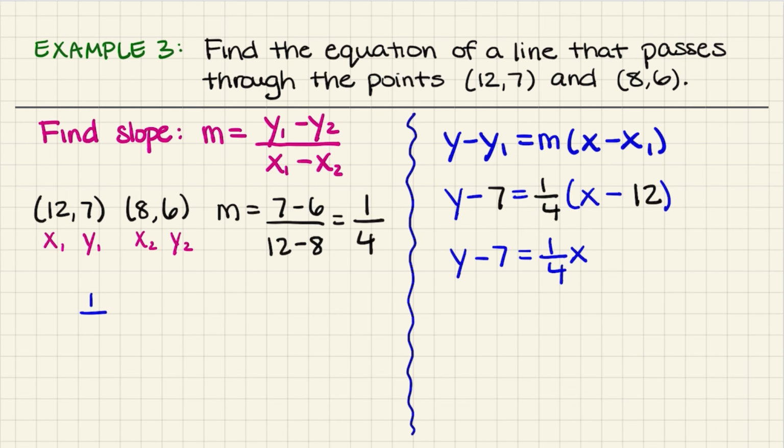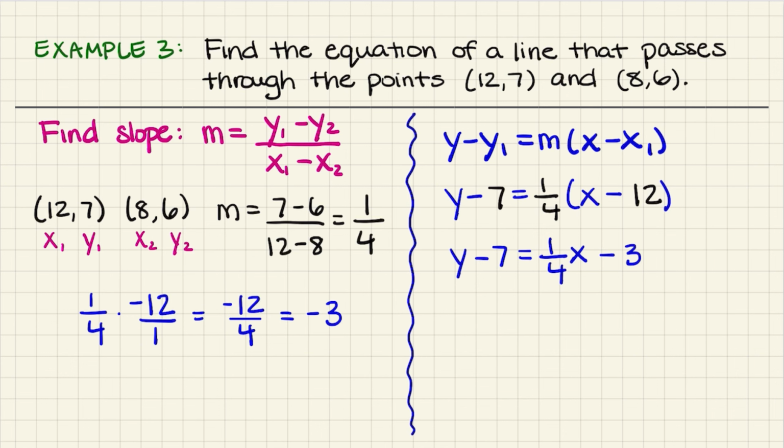I'm going to put that over 1 just to help us multiply across. 1 times negative 12 is negative 12, and 4 times 1 is 4. Negative 12 over 4 simplifies to negative 3. So we can look back here, and our 1/4 times negative 12 gives us negative 3.